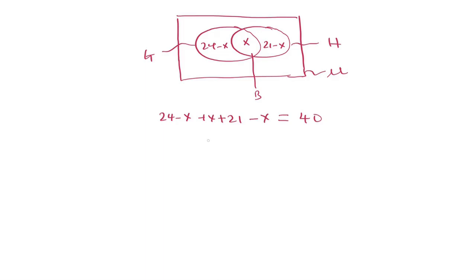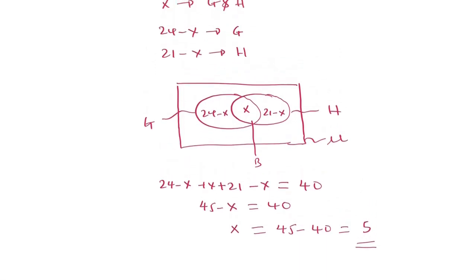So here we are going to have 45 minus x equals to 40. So next, let us collect the constant terms. Our equation is going to be x equals to 45 minus 40, of which solving the values we are having 5. And this is going to be the number of students who study both geography and history.